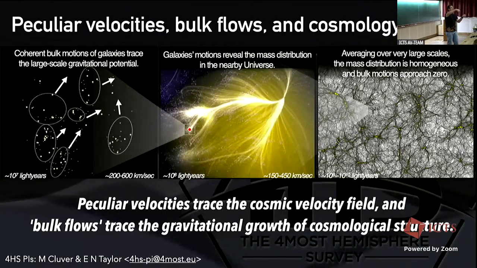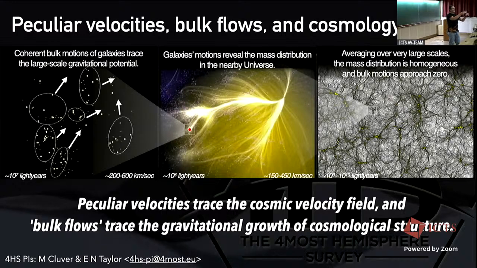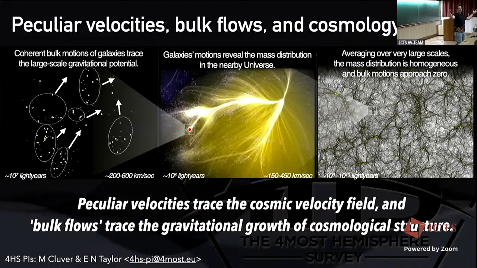In the same way that the Earth goes around the sun and stars go around in galaxies, galaxies go around in groups. The motions of galaxies within groups tell you about the gravitational field within the group. The motion of the groups themselves is set by the large-scale gravitational potential field that the group is in.